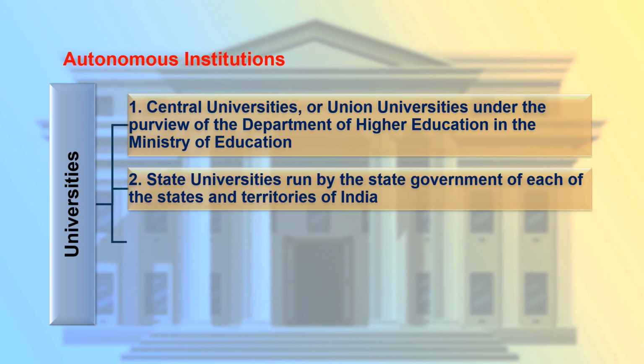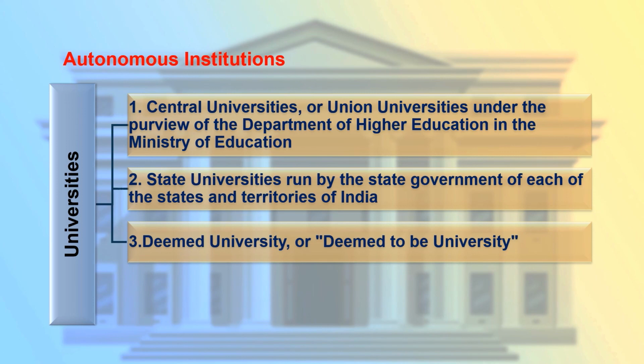As of 6th August 2021, the UGC lists 436 state universities. Then third one is deemed university or deemed to be university. As on 31st March 2021, the UGC lists 125 institutes which were granted the deemed to be university status.